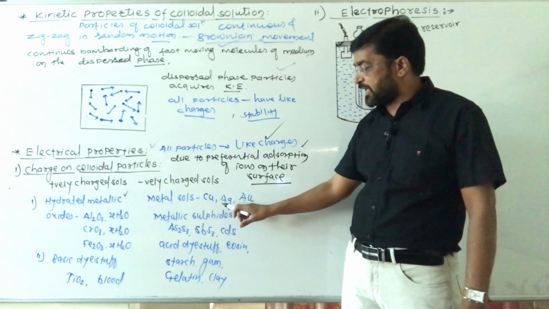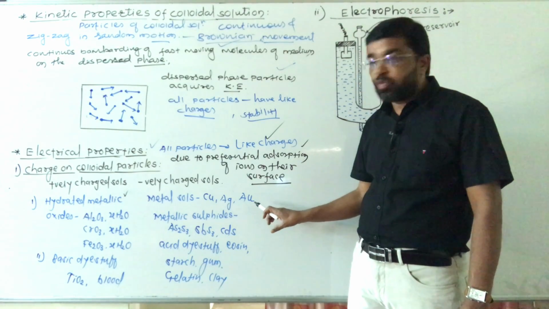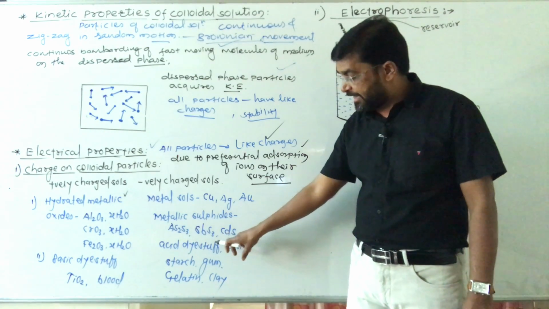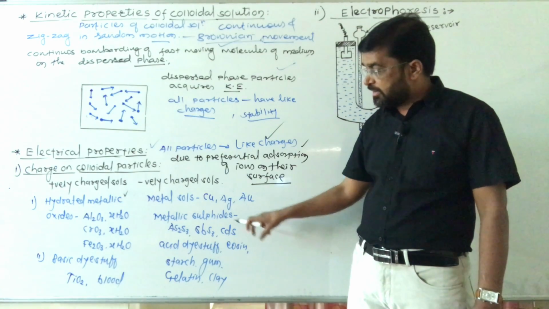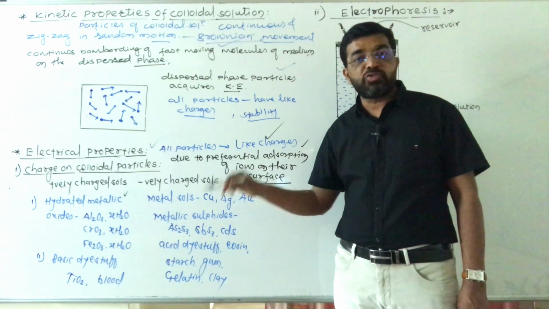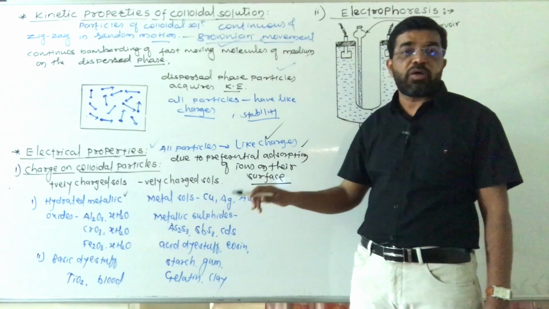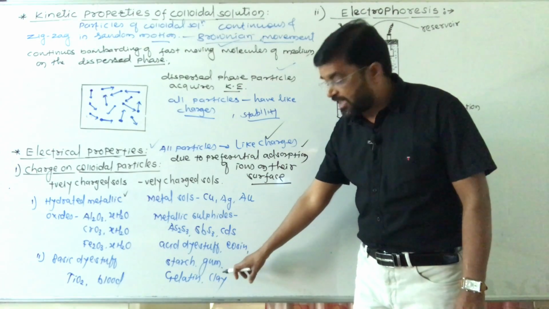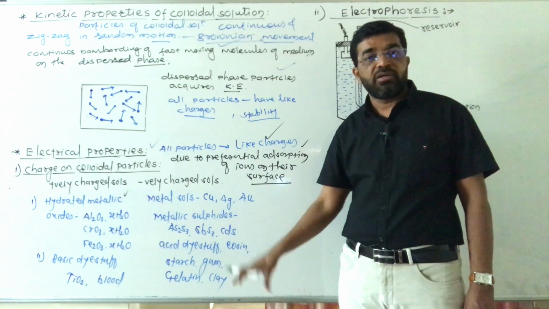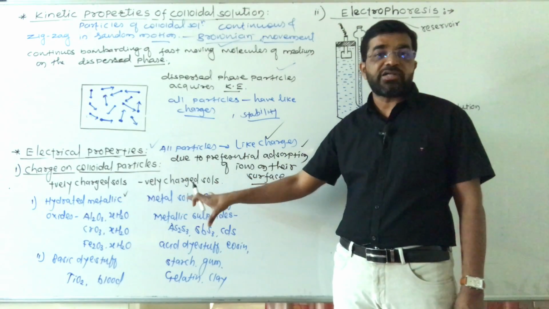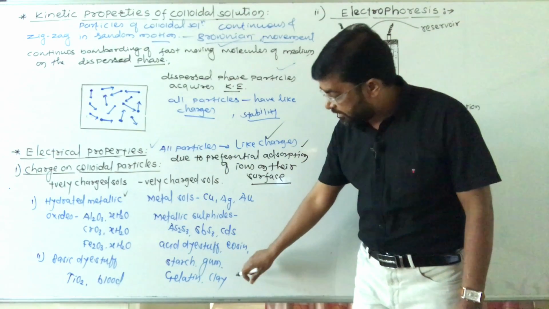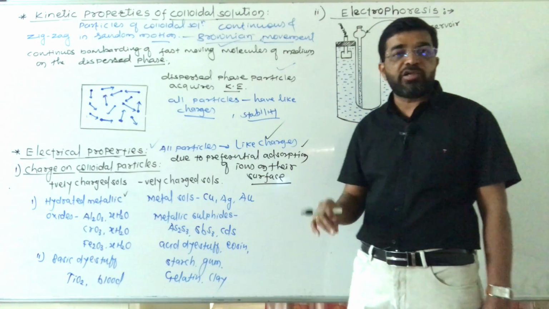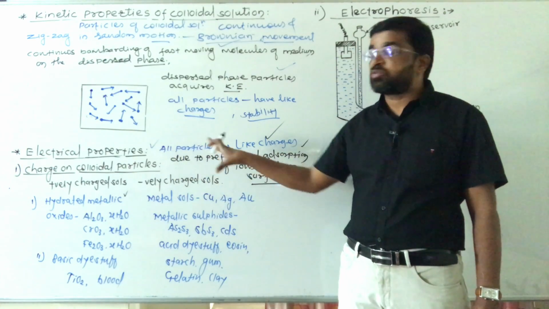So here metals like copper, silver, gold, then metallic sulfides like arsenic sulfide, antimony sulfide, cadmium sulfide, they all adsorb the negative charge on their surface, and there is formation of the negatively charged colloidal solution. As well as starch solution, gum solution contain negatively charged colloidal particles, and gelatin as well as clay are colloidal solutions having negatively charged colloidal particles.